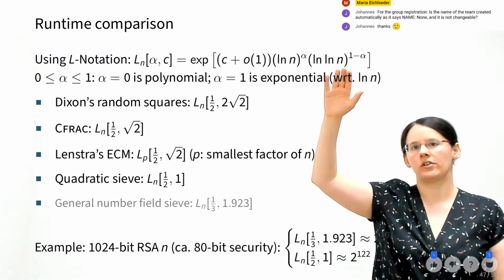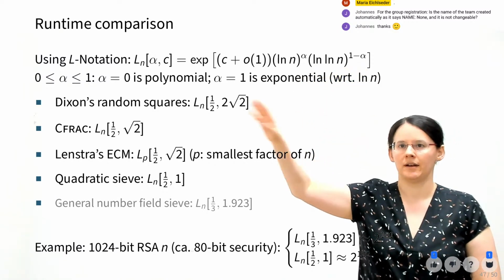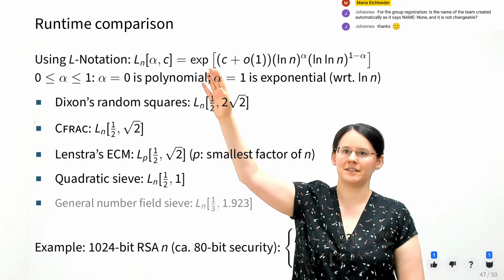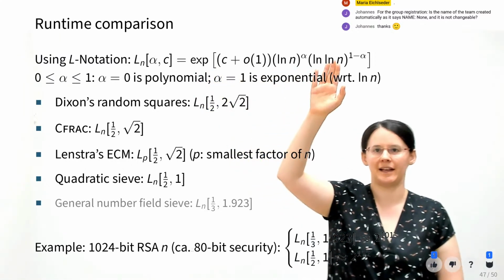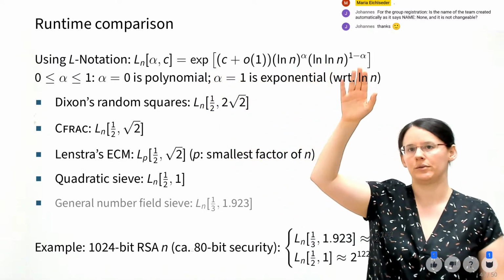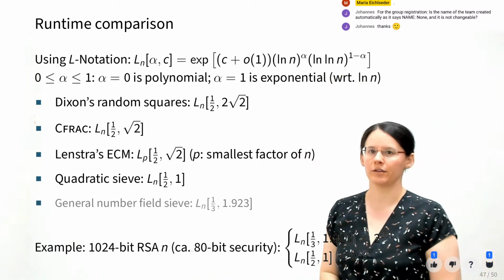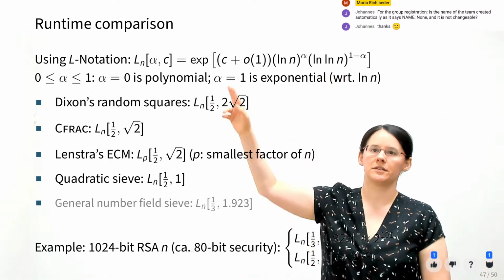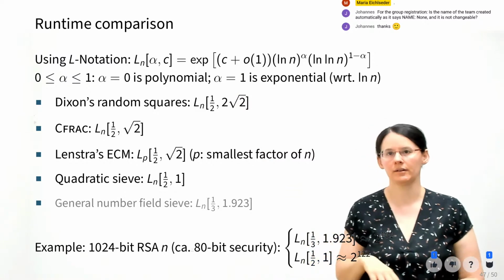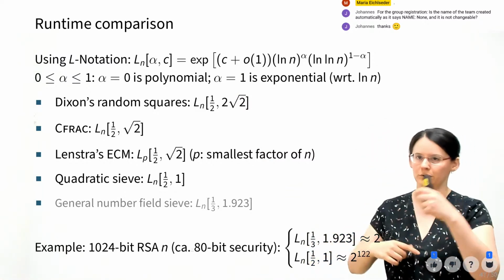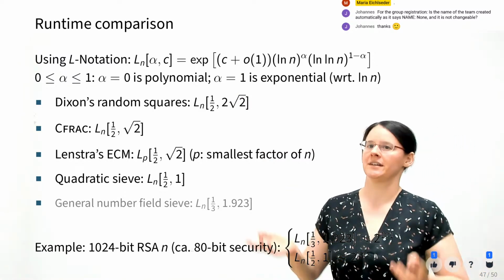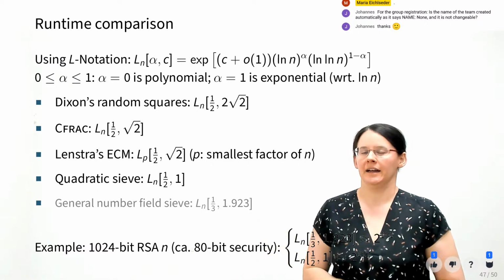So this is log n to the power of 1, and since we have an exponent here in the beginning, the exponent cancels with one of the logarithms, and what remains is logarithm of n times some constant in the exponent, so n to the power of something. In other words, it's polynomial.